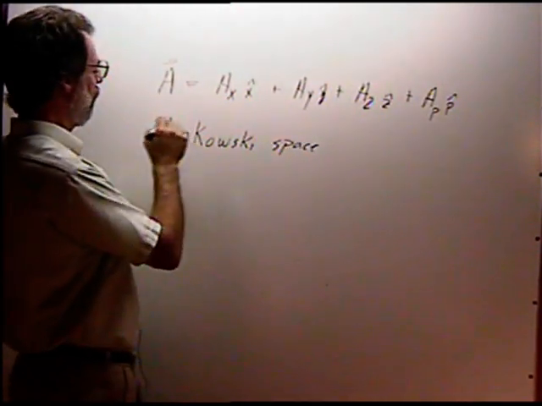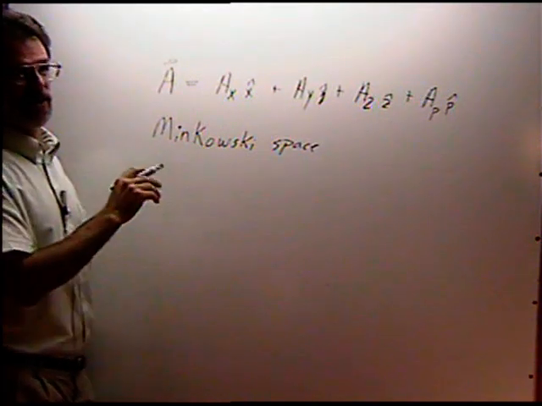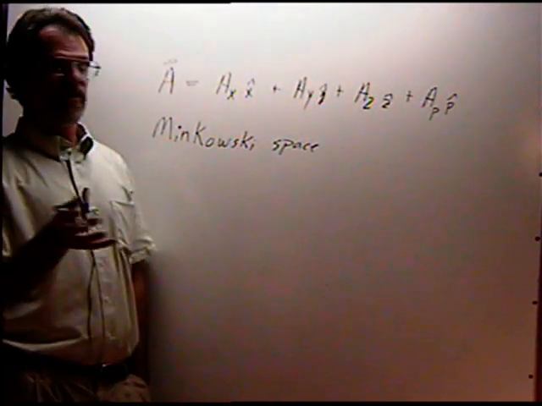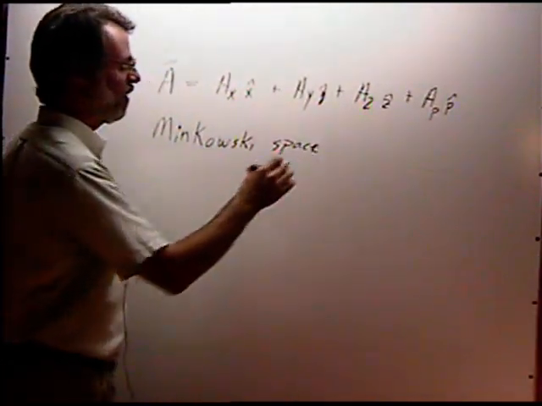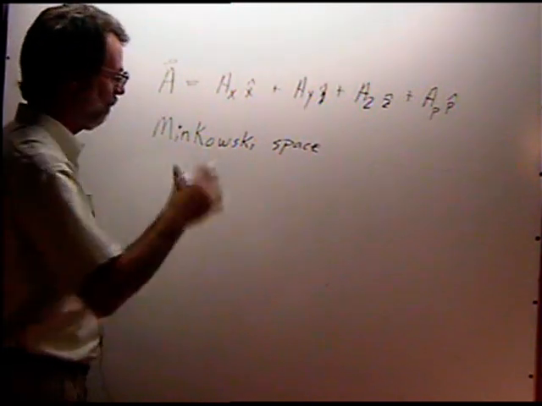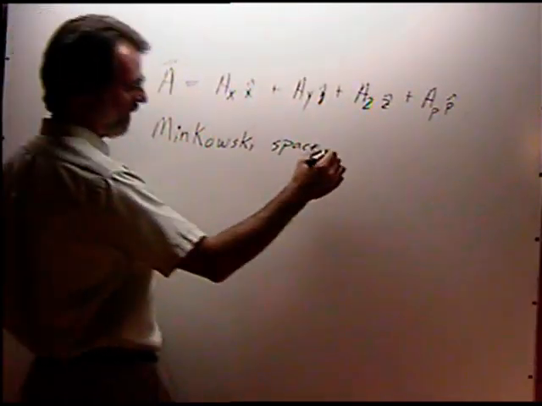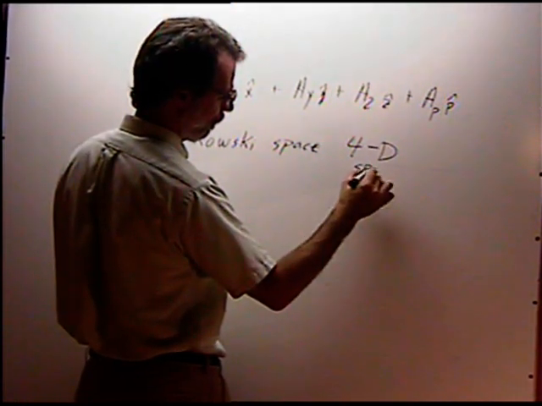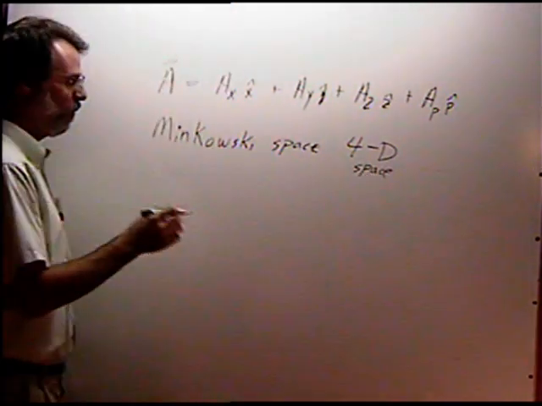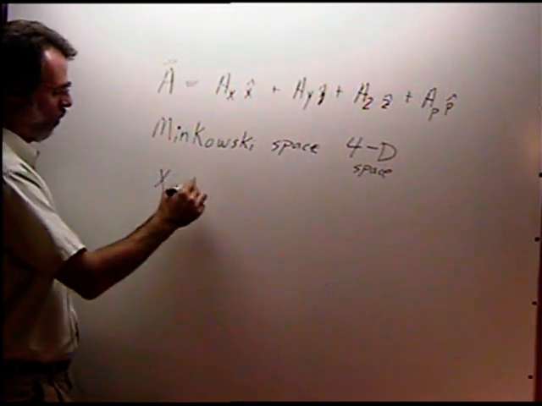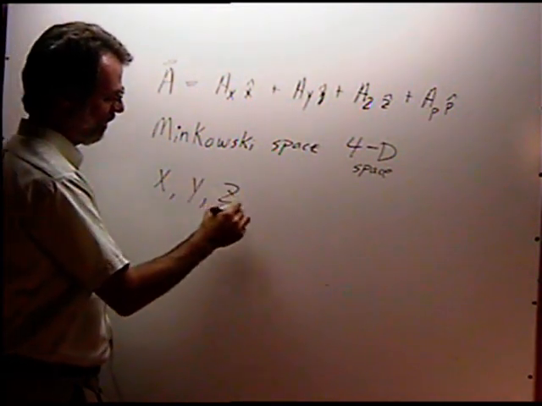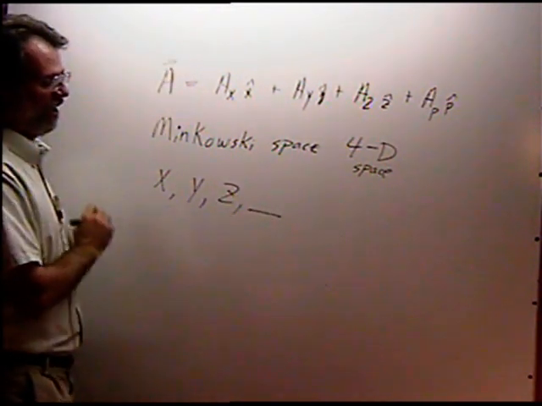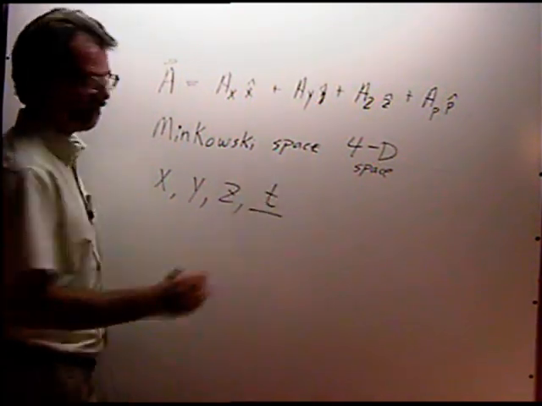What the heck is that? Minkowski is just the name of the physicist who dreamed this up, but it goes right along with Einstein's theory of relativity. Minkowski space is a four-dimensional space. The four dimensions are x, y, and z, and then there's a fourth dimension, and that fourth dimension is time.